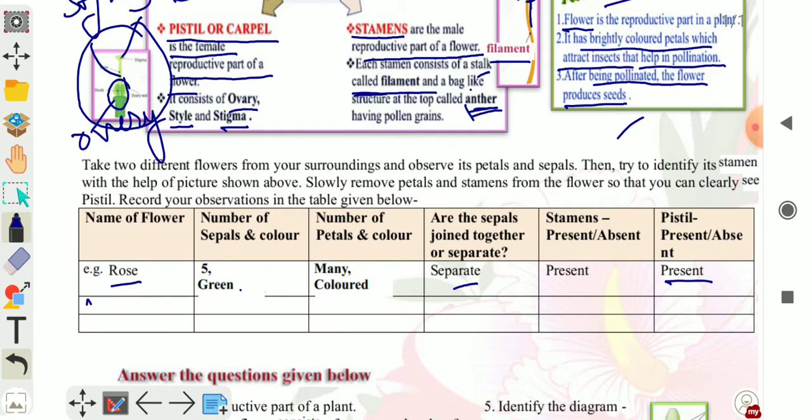You can write hibiscus, which is called gudhal. So flower name is hibiscus. Number of sepals is 5, and they are green in color. Number of petals, they are also 5 and colored.